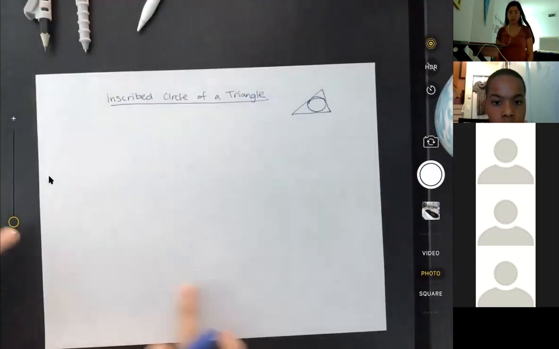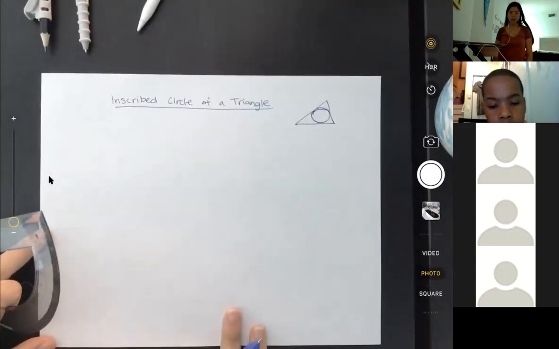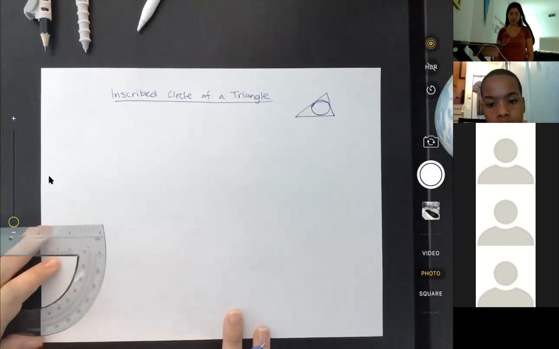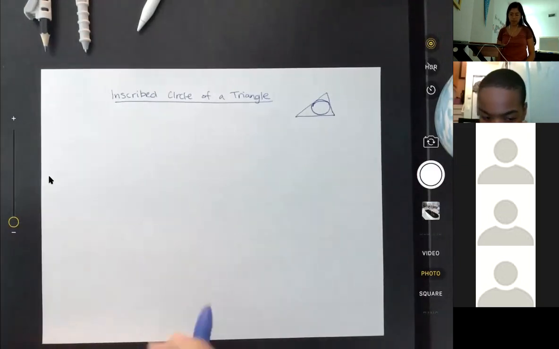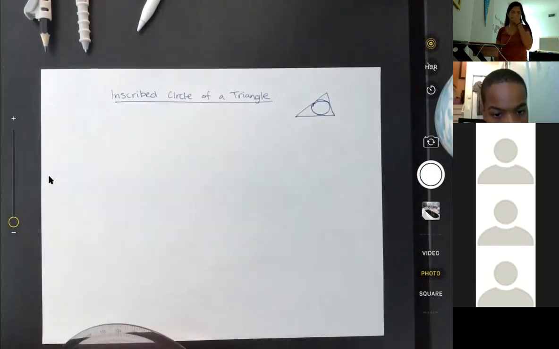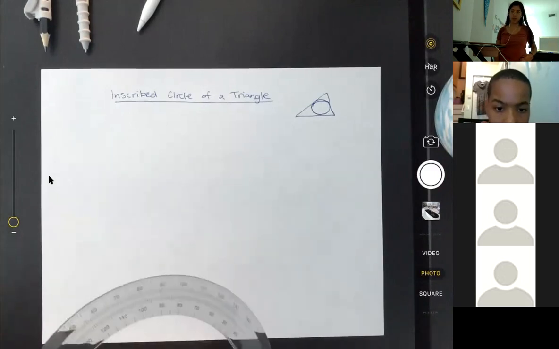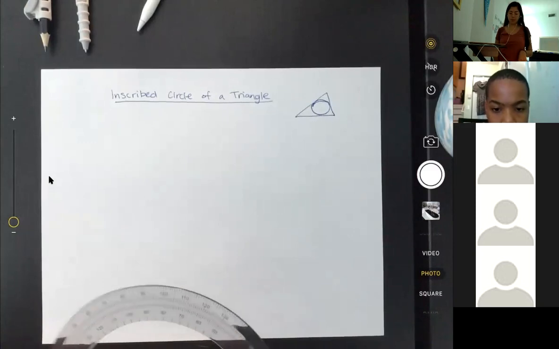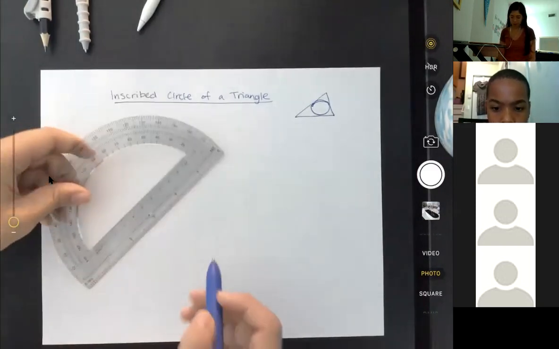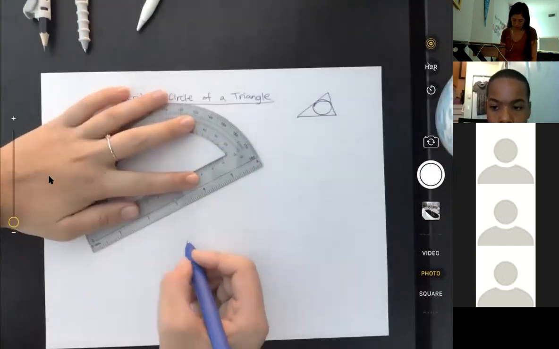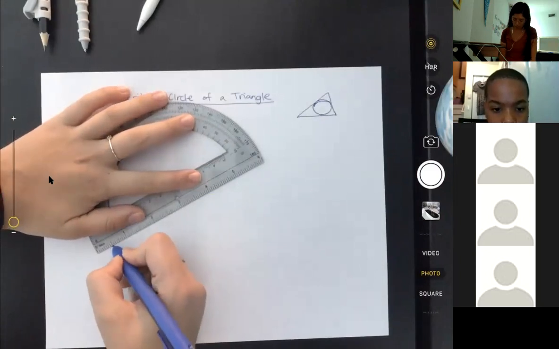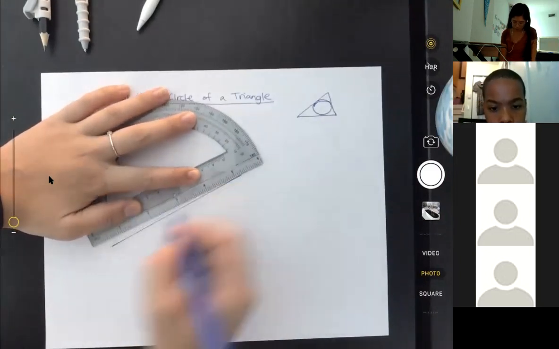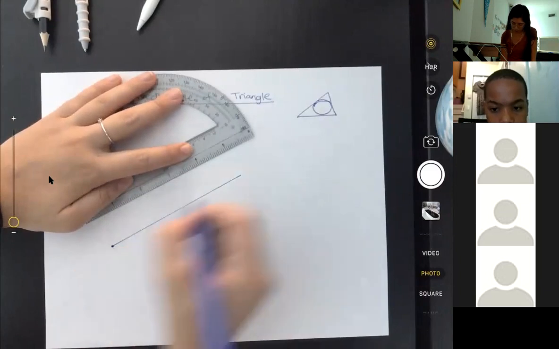And if you have a whole sheet of paper like I do, it's good to make it really, really big because then you have a lot more room. I know some of you, when you sent me your pictures for the circumscribed circle, you made it kind of small. For this one, I would definitely make the triangle pretty big because it'll give you more room to make the circle on the inside. So the bigger your triangle is, the better it's going to turn out.